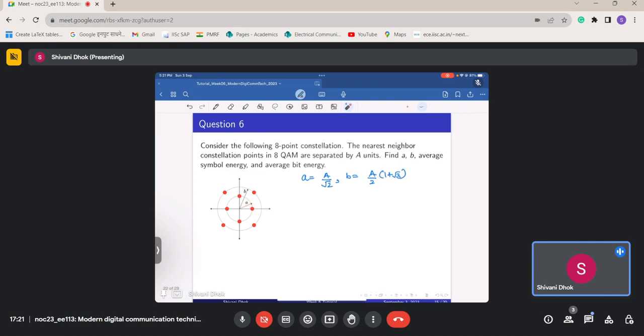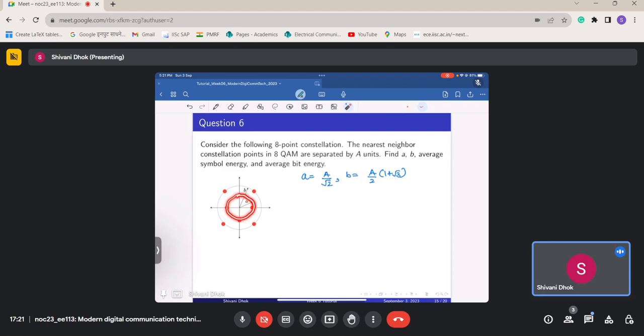So if I consider the energy of these 4 points, these will be a square. And the energy of these other 4 points will be b square. Okay, so let me mark it something like this.